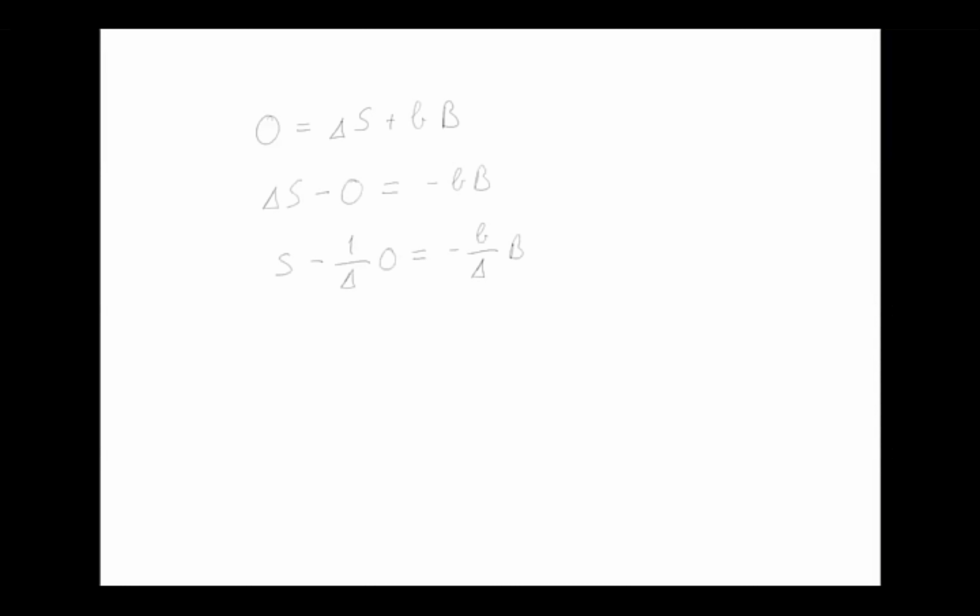If you have one unit, one long position in the stock price, and I combine that with minus 1 divided by delta units of the option price, then I construct something which is the same as a risk-free asset. So in that sense, 1 unit of the stock can be hedged, or all risks removed, by taking minus 1 over delta positions in the option. So that gives me a risk-free asset position.